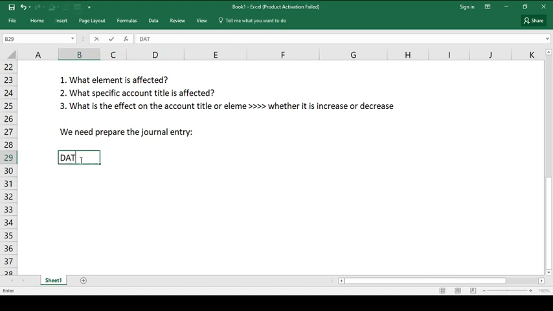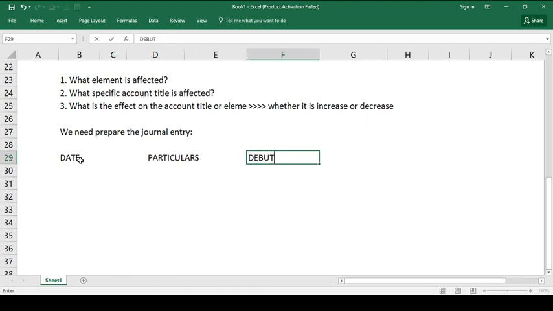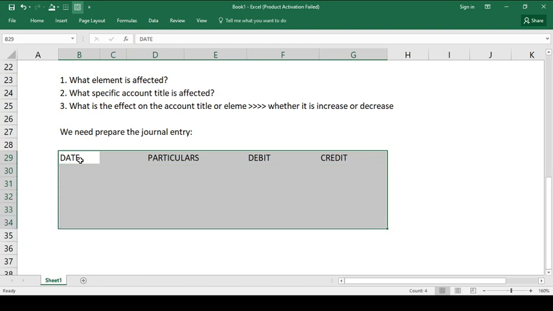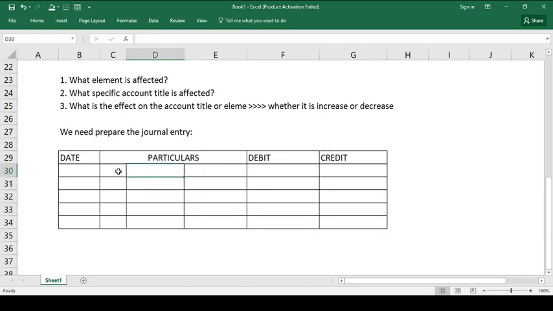We have the date. We have the particulars. We have the debit. Then, we have the credit. Ito po yung itsura nun. Hindi totally ito yung itsura, so lagyan po natin to ng box, para ma-picture out po natin ano po talaga itsura ng isang journal entry.